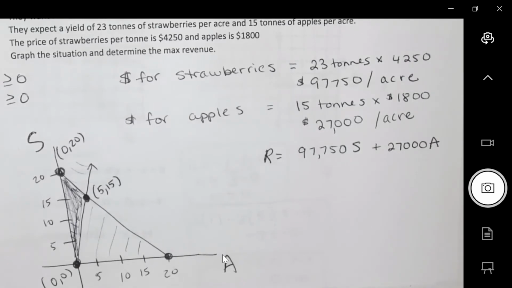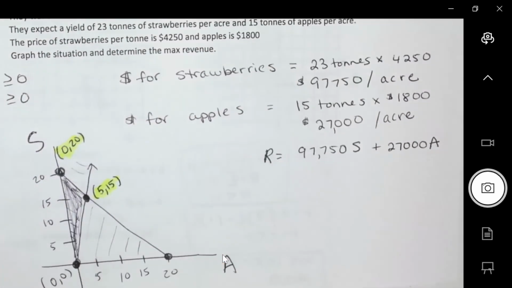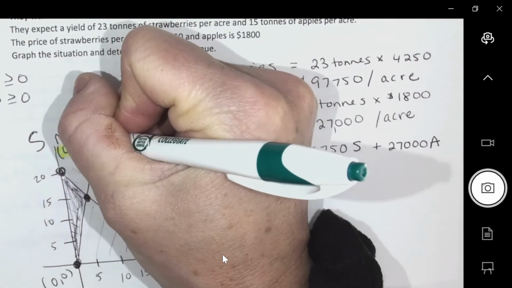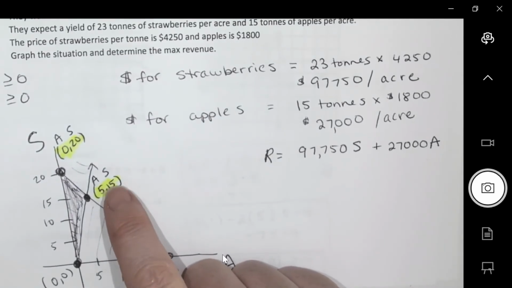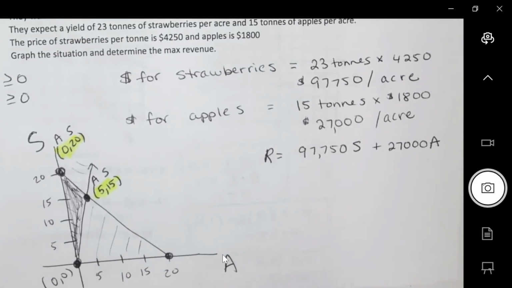What's the max revenue? So let's figure out which one of these 2 coordinates would make the most money. So remember our X was our A. So 5 apples, 15 strawberries, or no apples, 20 strawberries.